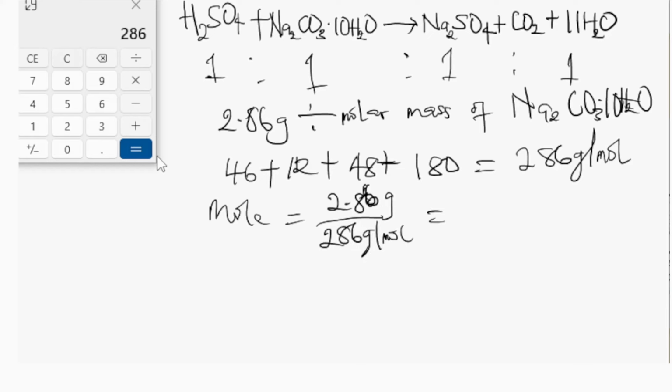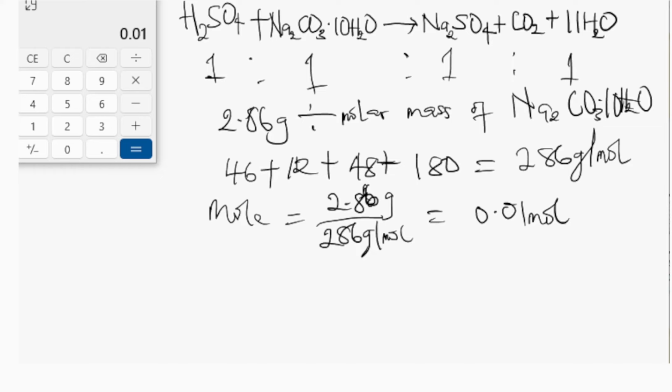If we punch this on our calculator, 2.86 divided by 286, we will have 0.01 mole. So it means that sodium trioxocarbonate 4 decahydrate here has 0.01 mole.